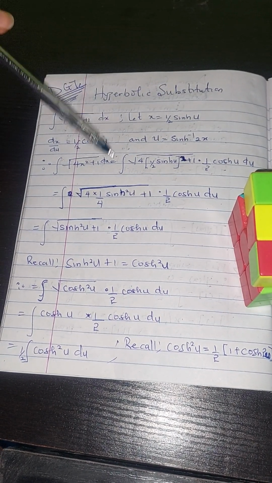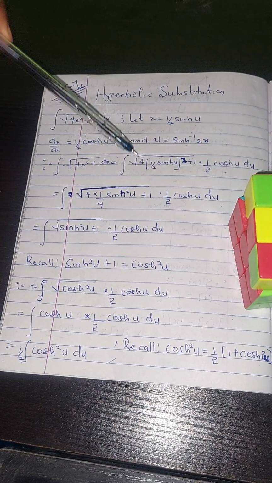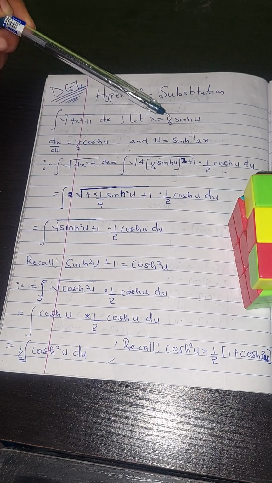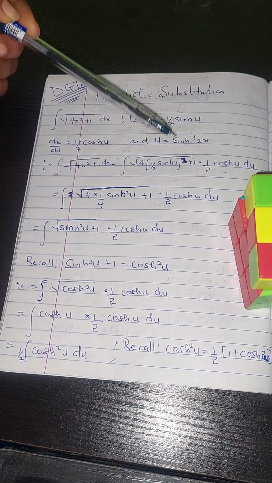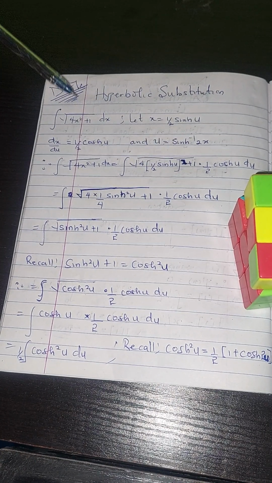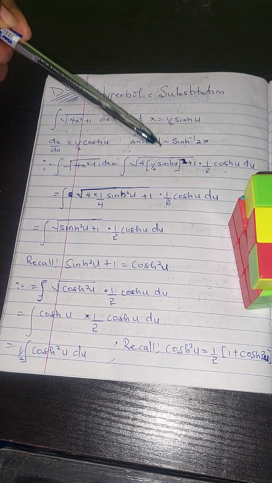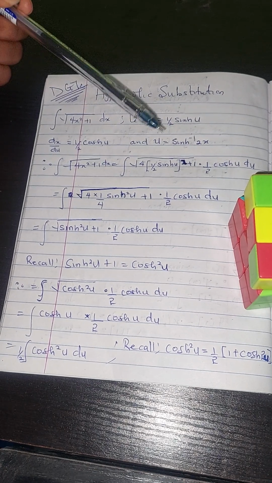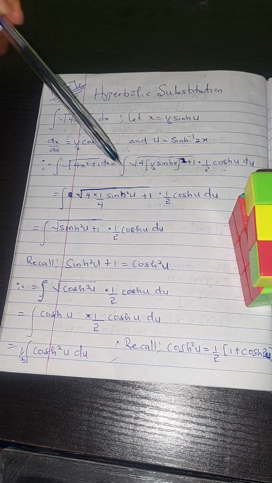So I have my integral equal to the square root of 4. Now, instead of writing x, I'll use 1 over 2 hyperbolic sine u. But don't forget the x has a square on it, so I'm going to have to square this. So I have 1 over 2 hyperbolic sine u all squared plus 1.